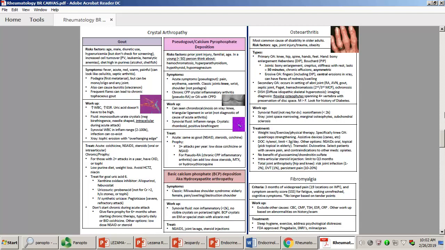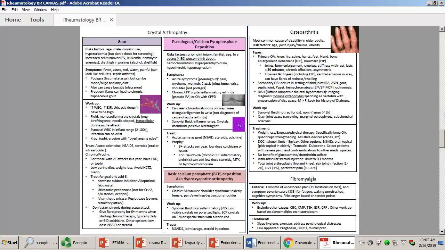All right, pseudogout or calcium pyrophosphate deposition. So quite different from that of gout, although treatment a little bit the same. Just no xanthine oxidase, obviously, because it has nothing to do with uric acid. So risk factors: if they've had a prior injury to a joint, if it runs in the family, and age. In a person who's less than 50, you have to start thinking of other systemic causes of pseudogout.